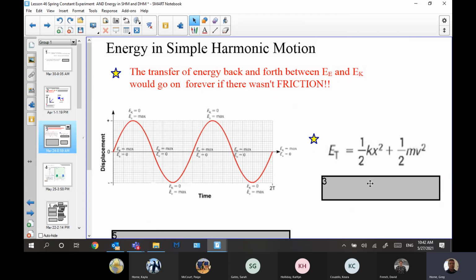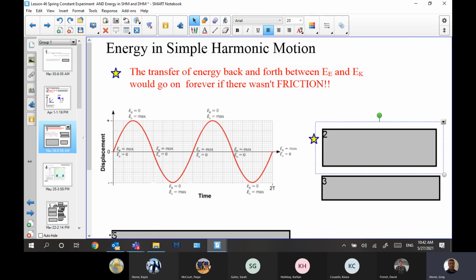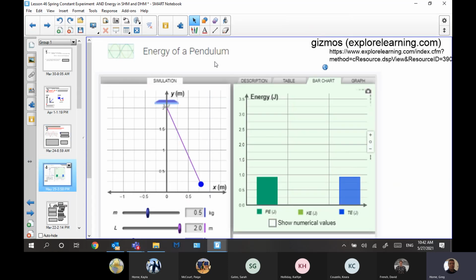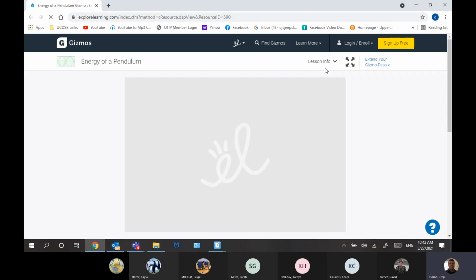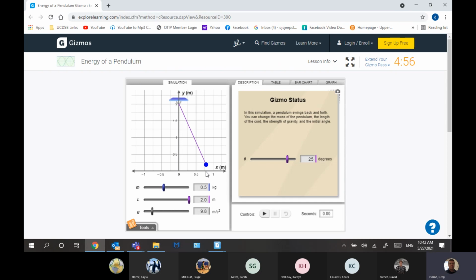If we think about this, I'll show that quick with the applet as well, right here. It's a different applet, but in that same Gizmos system. This one isn't for a spring, but the same goes here.